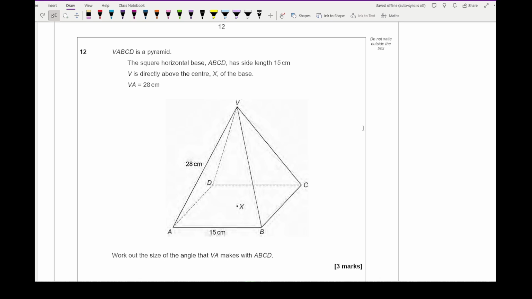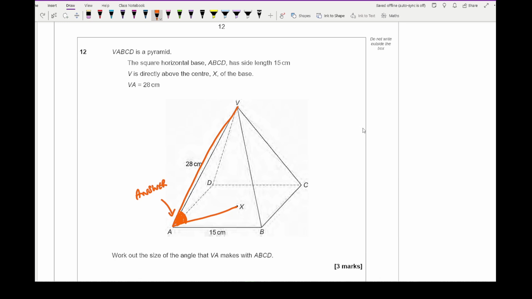V is directly above the center X of the base. VA is 28 centimeters, and the question is asking us to work out the size of the angle that VA makes with ABCD. Now VA is this line here, and so what we're wanting to work out is what this angle here is.